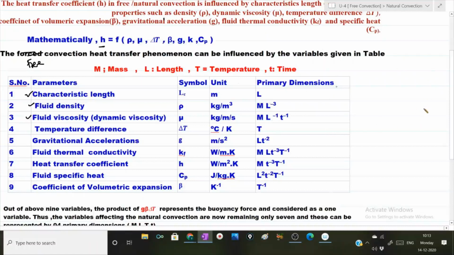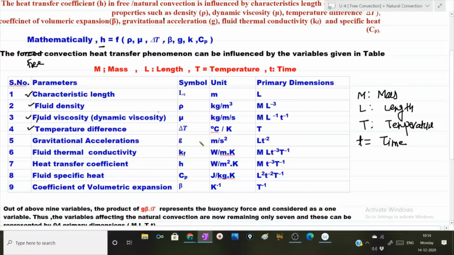In all these representations, please mind well, M is mass, L is length, capital T is temperature, and small t is time. So dynamic viscosity mu has primary dimension M L minus 1 small t minus 1.